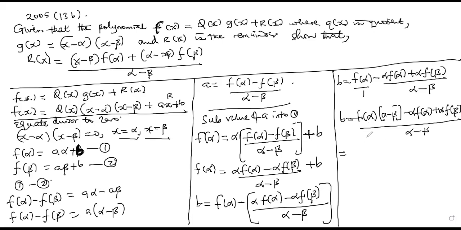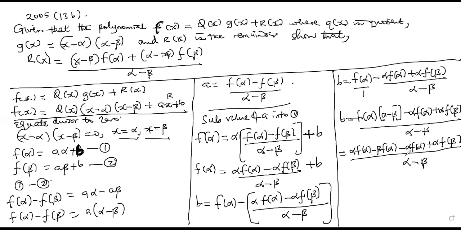So this is going to be equal to, we multiply, it will be alpha f of alpha minus beta f of alpha, I'm opening that bracket, then minus alpha f of alpha, then plus alpha f of beta, divided by alpha minus beta.